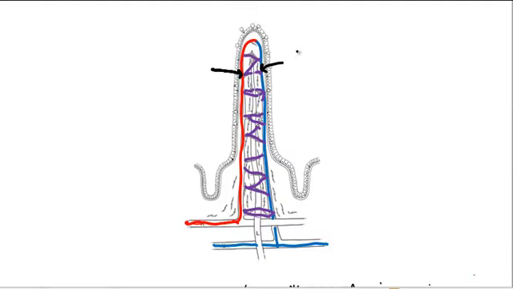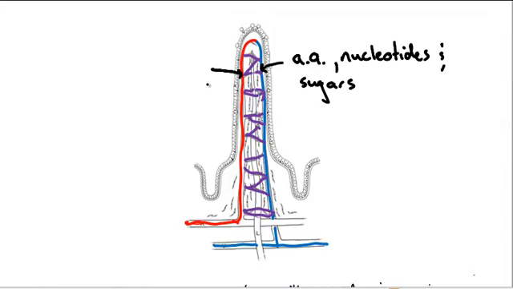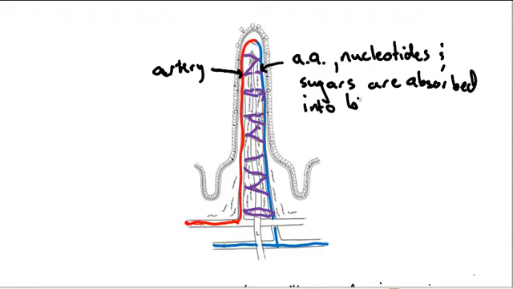And in particular, you have amino acids, nucleotides, and sugars are absorbed into blood vessels of the villus.